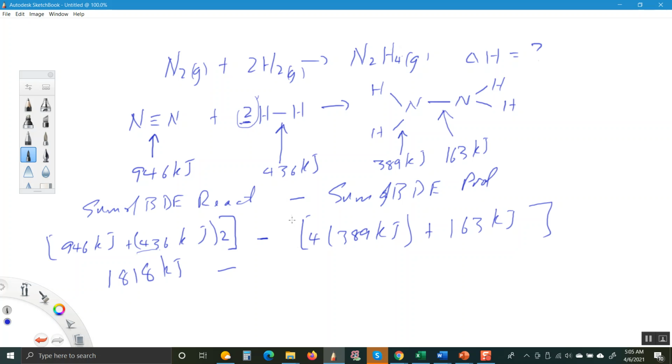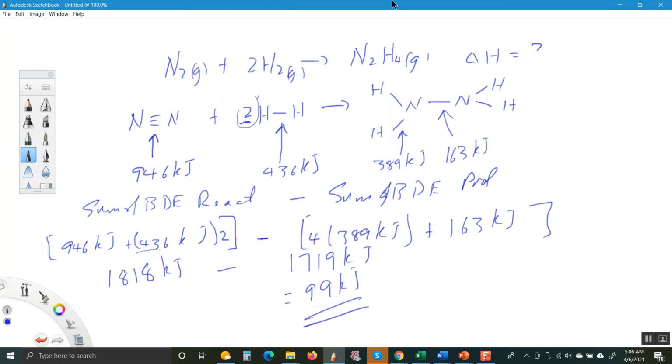Okay, so according to my calculation, this part works out to be equal to 1,719 kilojoules. And then let's see here. So 1818 minus 1719. So according to my calculation, this is equal to 99 kilojoules. All right. So that's basically how you use the bond dissociation energies to determine the enthalpy change of a reaction.